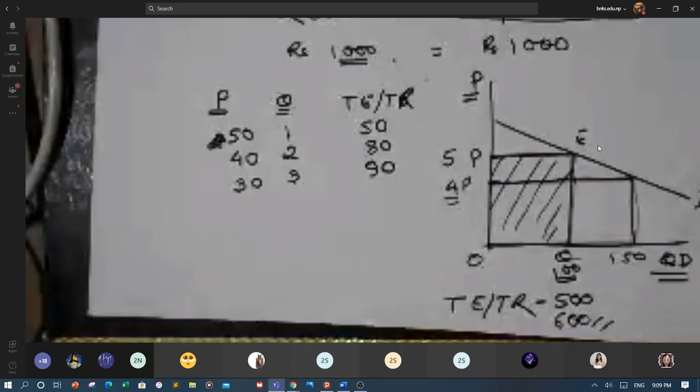What I'm trying to tell you here is, if the commodity is relatively elastic and the price decreases, then your total expenditure on the commodity increases. That type of good, we call relatively more elastic.